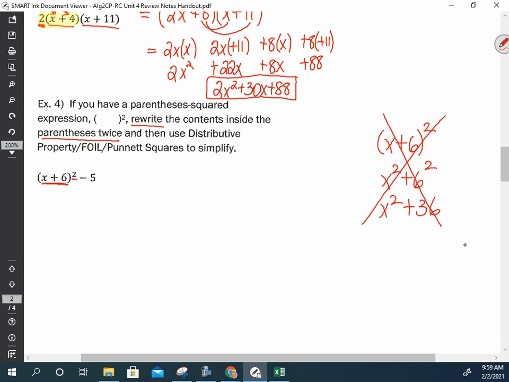If you have something in parentheses raised to the second power, then you need to write it twice. So that minus 5 that's out there, right now we're going to leave it alone. There's nothing we need to do with it, at least for right now.